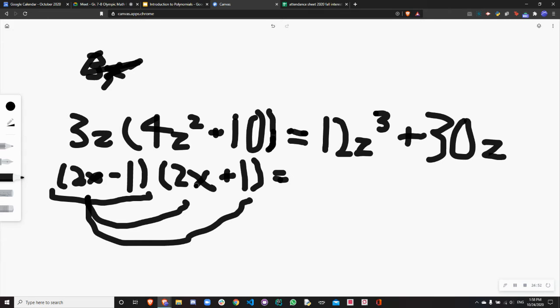2x with 2x and positive 1. We also do the same with negative 1. So like that. -1 times 2x and also +1. And I'll take this up myself actually. So we have 2x times 2x, that will give us 4x squared.